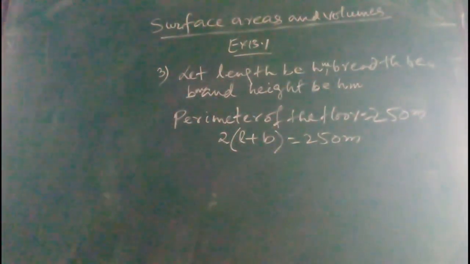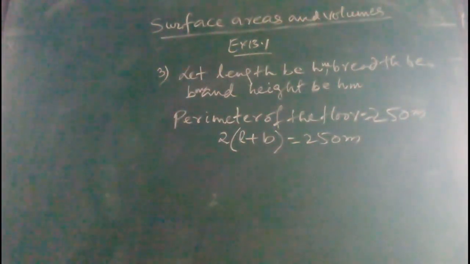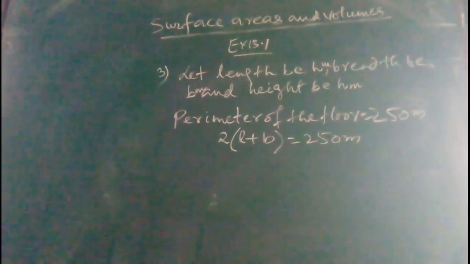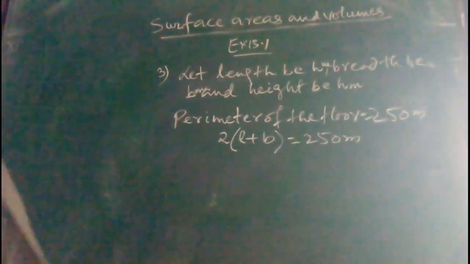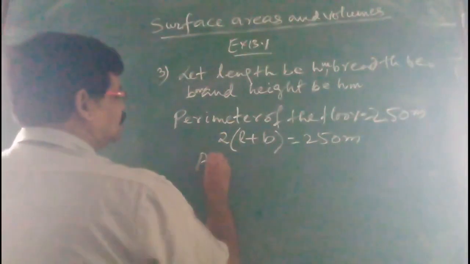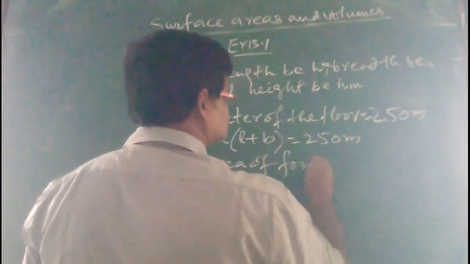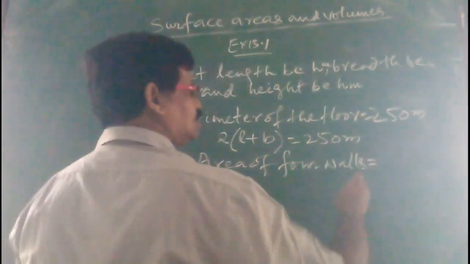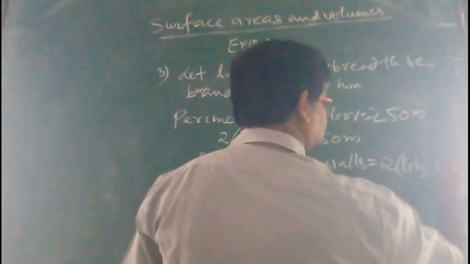Now area of 4 walls equals 2 length plus width into height.